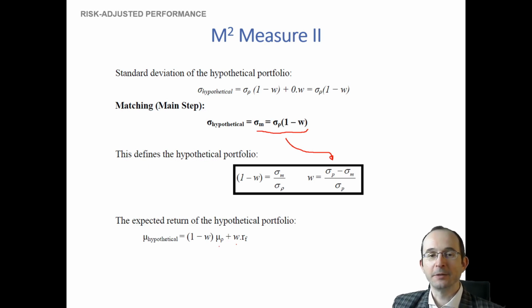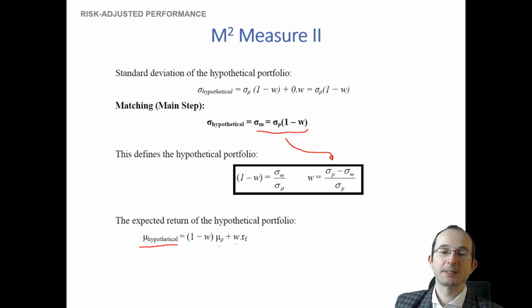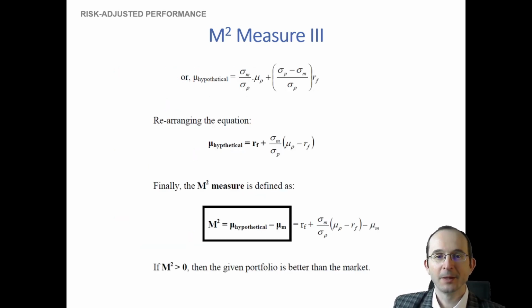Now that we've calculated the expected return on this hypothetical portfolio, and it has the same total risk as the market portfolio, well, then we can actually compare it to the market portfolio.